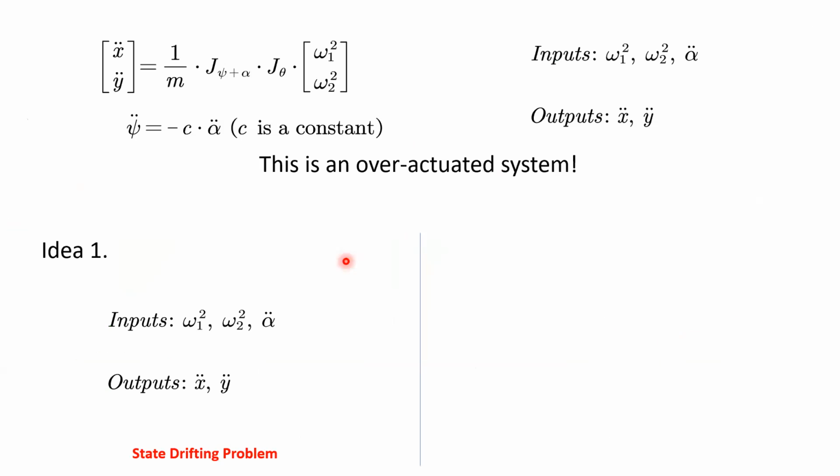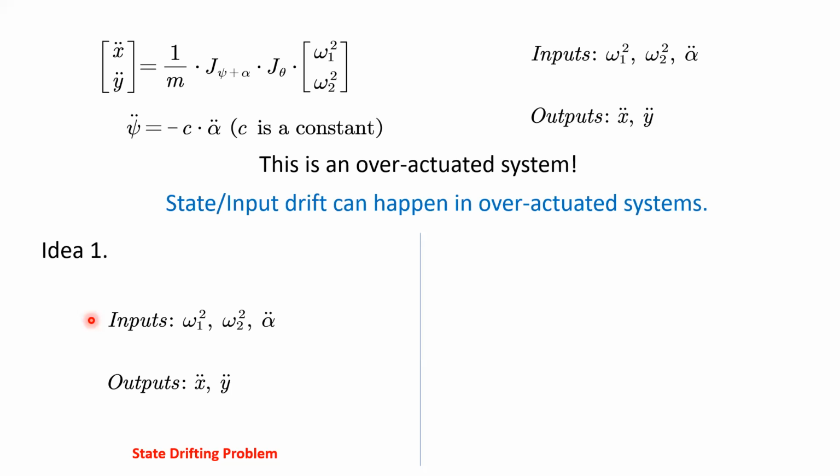So far, we have discussed the first idea and the state shifting problem. We know that the state shift happens in over-actuated systems. How to avoid this problem? In idea 2, we discard an input. The direction of the thrust alpha is planned in advance.